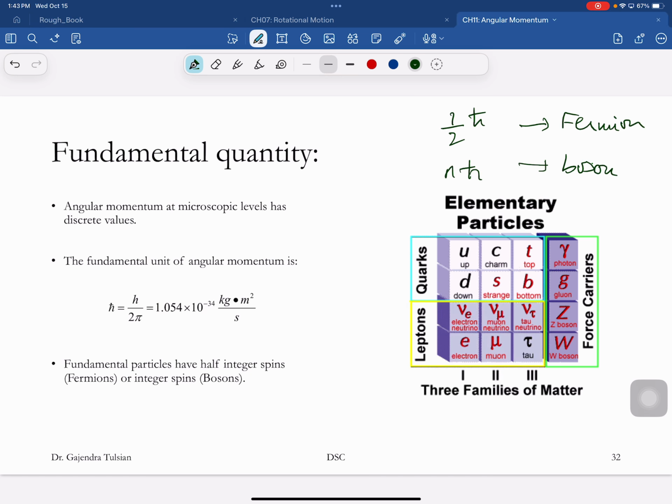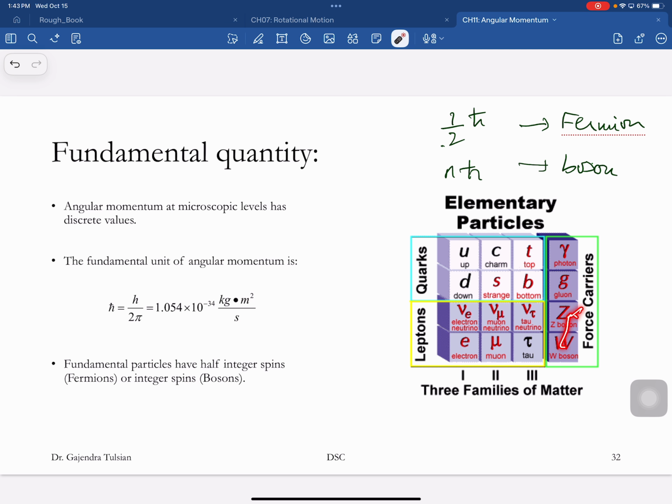So half integers times h bar are called fermions, and integer times h bar are called bosons, and all the force carriers are bosons. Photons mediate the electromagnetic force. The gluon mediates the strong force.